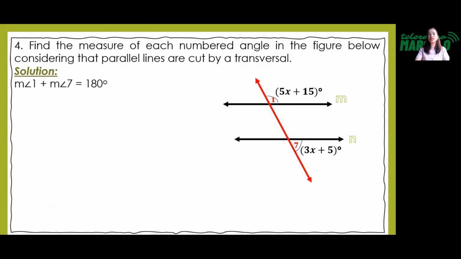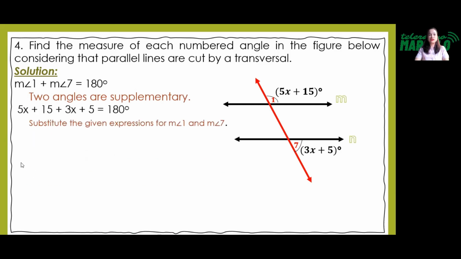Okay, so we can say that a measure of angle 1 plus the measure of angle 7 is equal to 180 degrees. And then substitute the value of the measure of angle 1 to the given equation, that is 5x plus 15. And also substitute the value of the measure of angle 7, we have 3x plus 5.